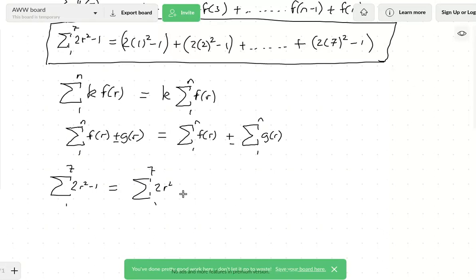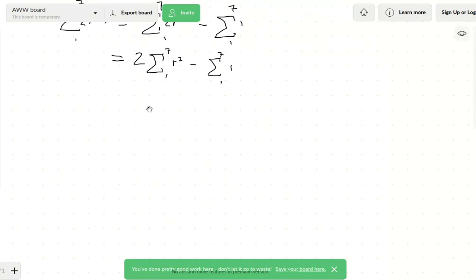Minus the sum from 1 to 7 of 1. Now, I could then pull out that 2, making it 2 times the sum from 1 to 7 of r squared, minus just the sum from 1 to 7, just using 1. And that's what I can do. So I can break up these sigmas just like I do with integration. That's an important trick which we're going to use throughout the exercise, really. So make sure you've got the hang of that.